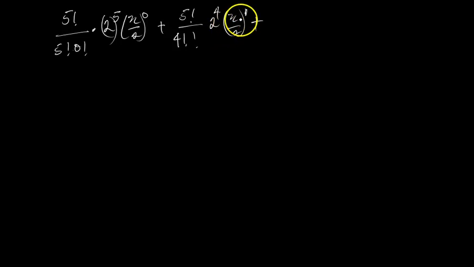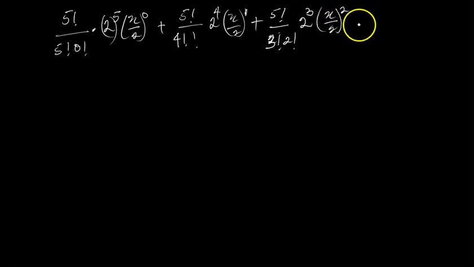5 combination 2, that will be 5 factorial over 5 minus 2, that's 3 factorial, 2 factorial, then my 2 will be raised to power n minus r, that's 5 minus 2, that's 3, into x over 2 all raised to power 2.